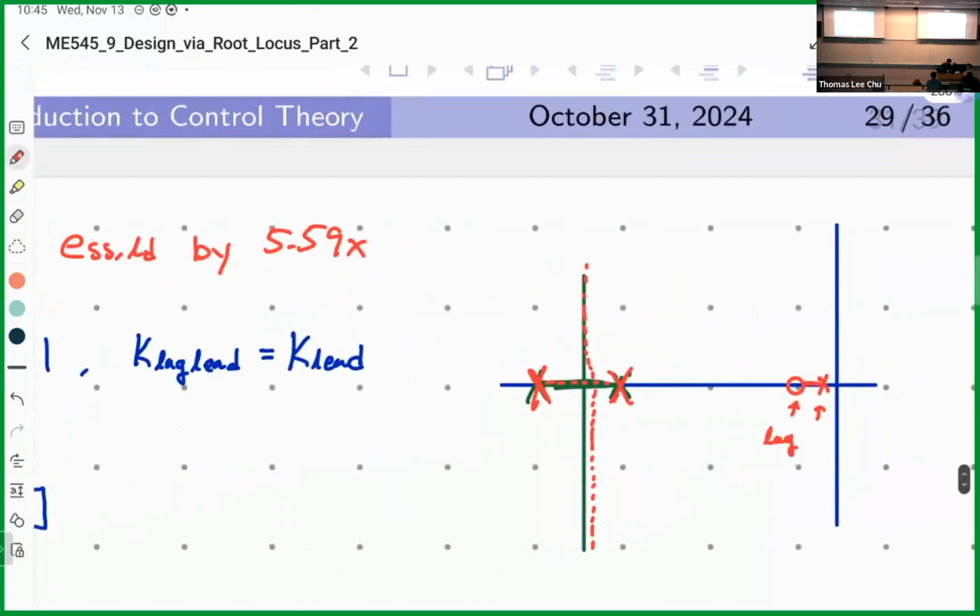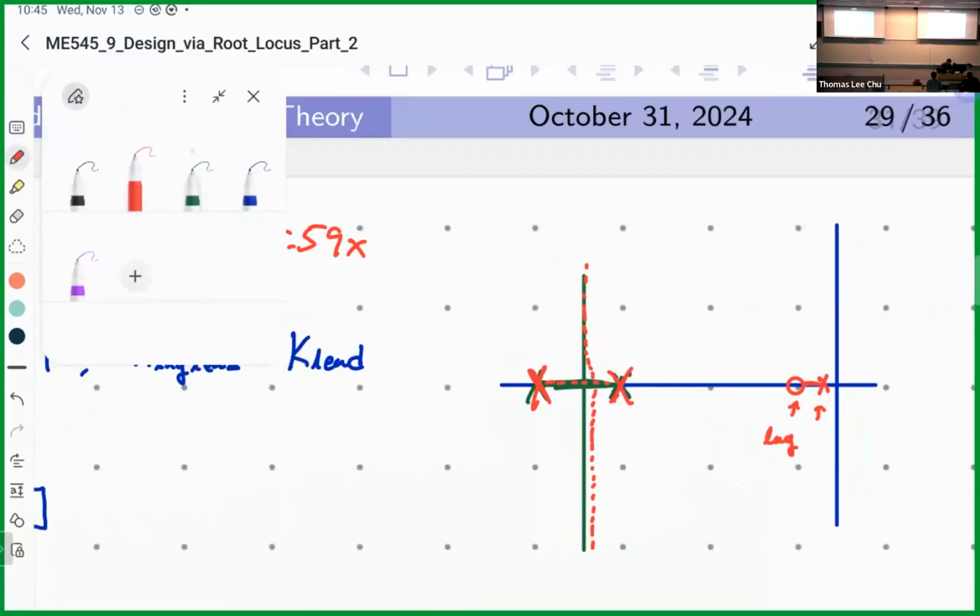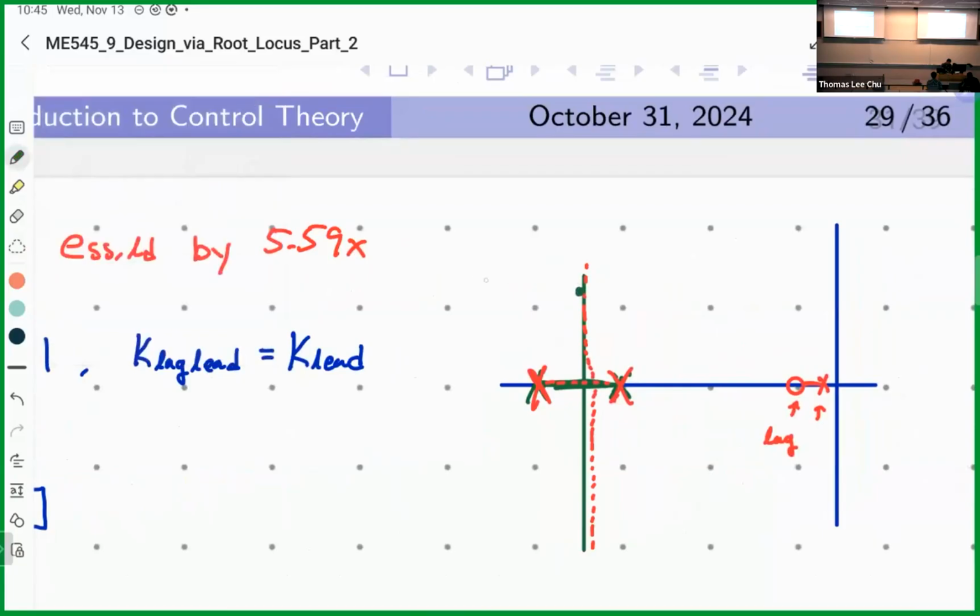So if I were to choose this gain K equal to 10 at this point here, our same lag system would also have K roughly around 10. So our K lag is roughly equal to our K in this system here.